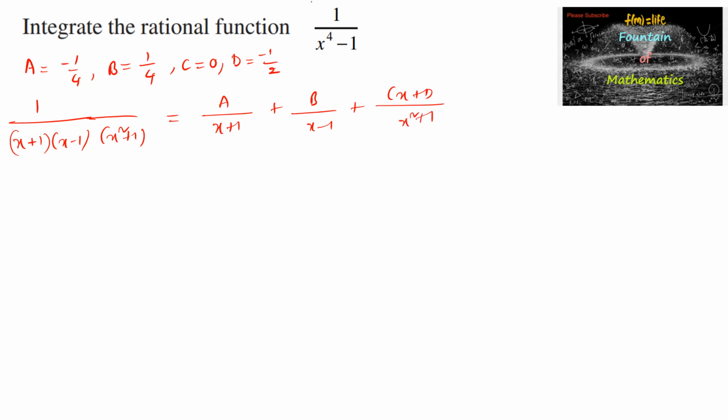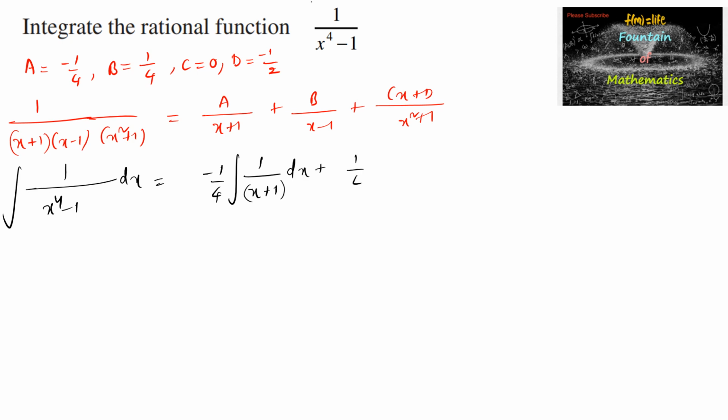So we can write integral 1 upon x plus 1 into x minus 1 into x square plus 1, which is nothing but x power 4 minus 1, dx is equal to a value is minus 1 by 4 integral 1 upon x plus 1 dx, and plus b value is plus 1 by 4 integral 1 upon x minus 1 dx, and integral c value is 0, so 0 into x, plus d value is minus 1 by 2 upon x square plus 1 dx.